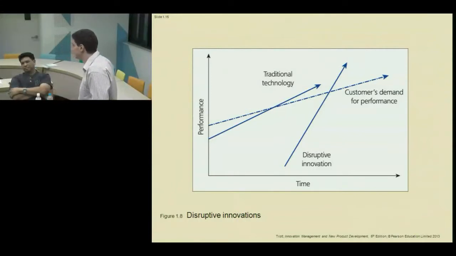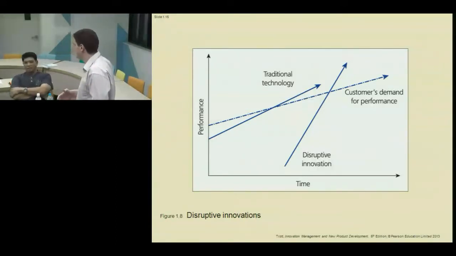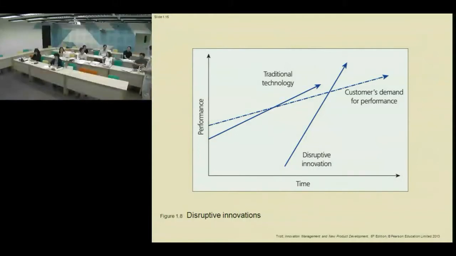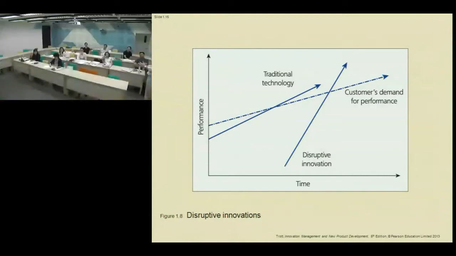Who would buy iPhone 1 now? No one. So there is a customer demand for better performance. That's why you wouldn't buy, right? And in the middle comes the disruptive innovation, which combines technology and the needs of the market to come up with something radical.